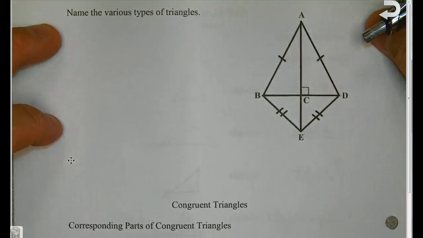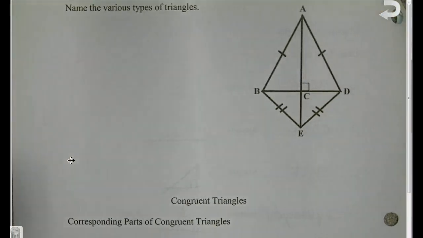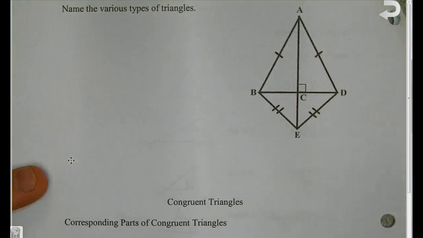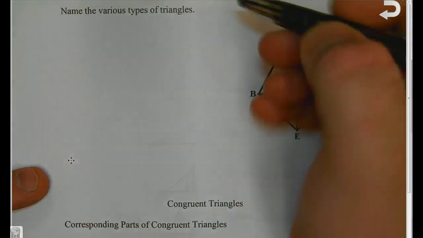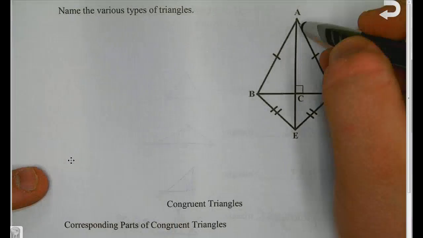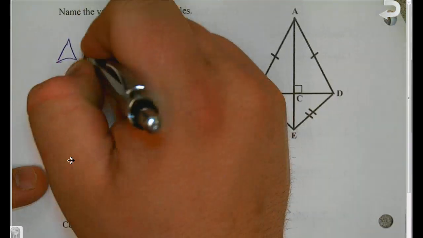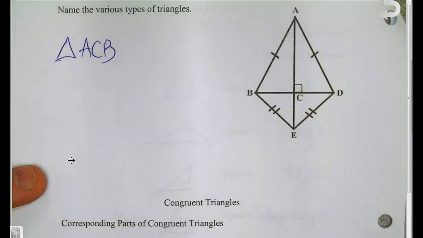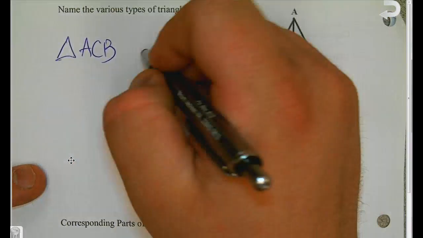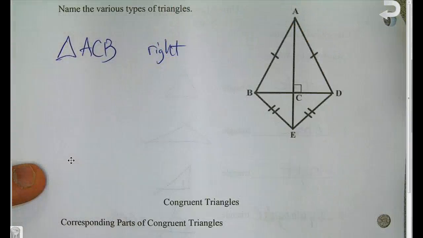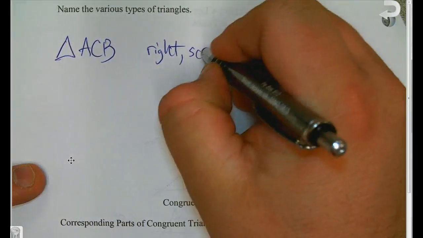Now we could name various types of triangles, and that's fine. If you take a look at this, I'm going to name one. So for example, I'm going to name triangle ACB. Triangle ACB is a right scalene triangle.